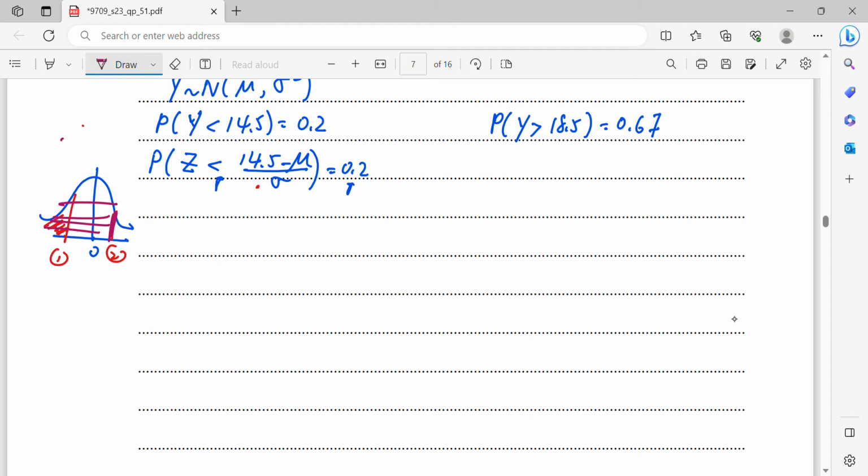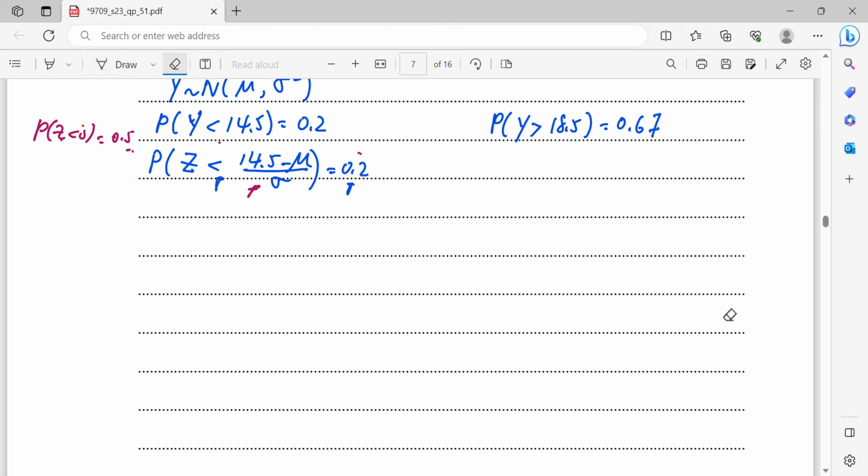For your information, P(Z less than 0) is 0.5 because it's half of the whole area of the graph. So now the probability is only 0.2, so obviously you should choose the first one. Because if you choose the second line as your value, that means the probability should be more than 0.5. So this is how we choose it.